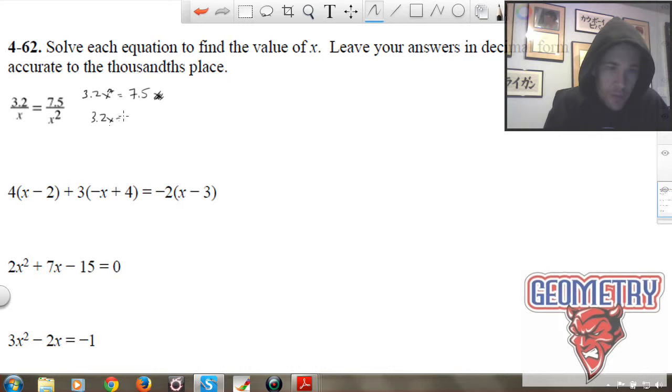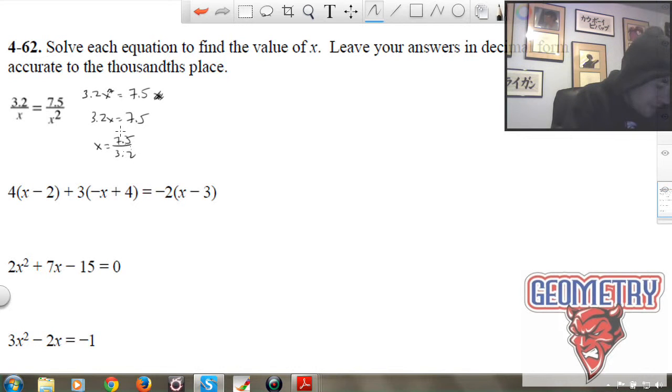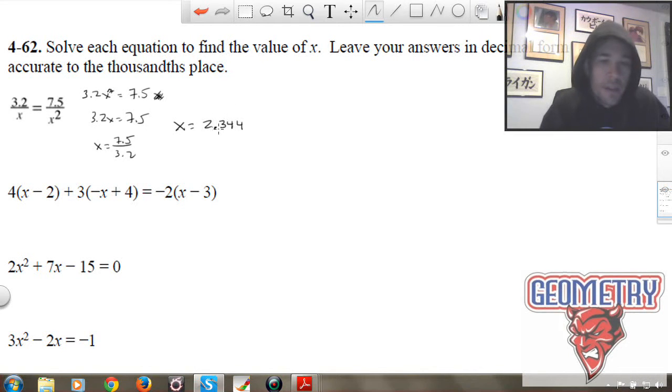So 3.2x equals 7.5, which means x equals whatever 7.5 divided by 3.2 is, and 7.5 divided by 3.2 is 2.344, rounding to the thousandth place there.